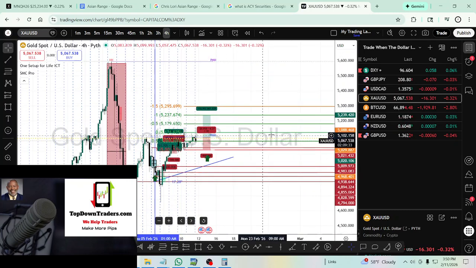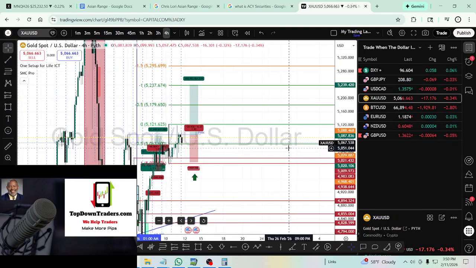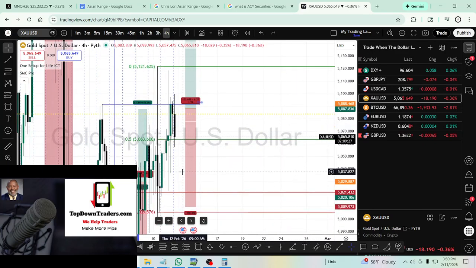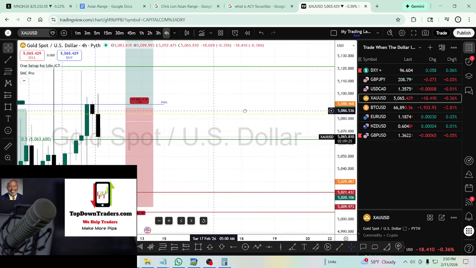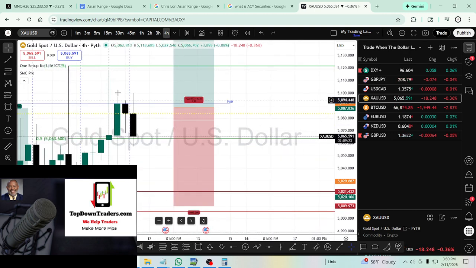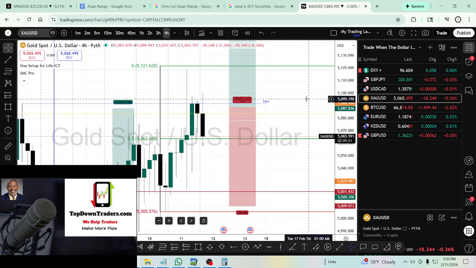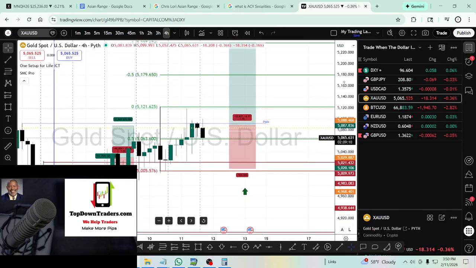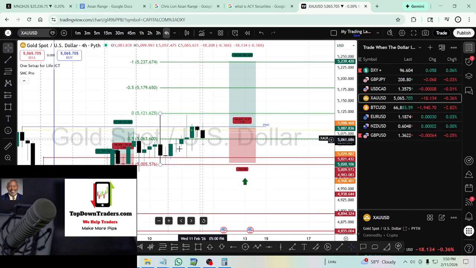We broke out, pulled back on the 4 hour, so that's a whole session. Looks like we have a 2 candle pullback with a 2-to-1 target.